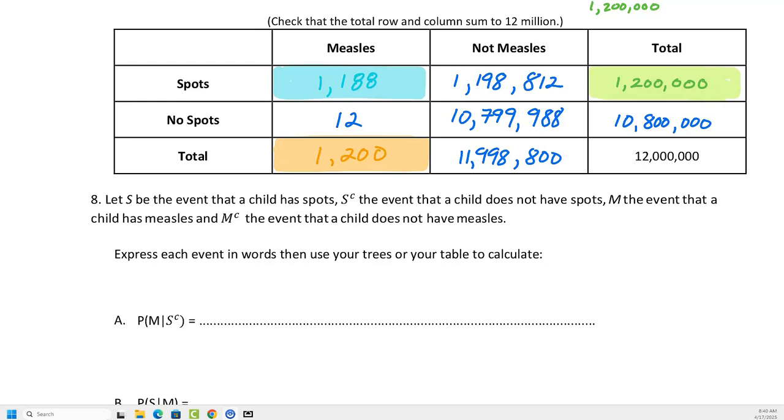So if I were to put this one here in words, we're finding the probability of measles, that's the M, given, what's the S to the C? That's the complement of spots. The complement of spots would be no spots.